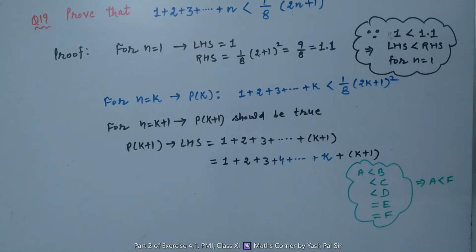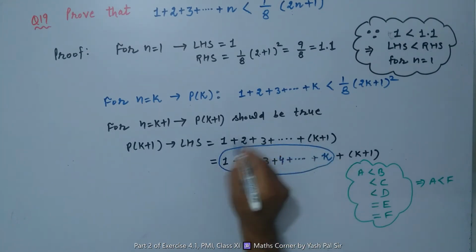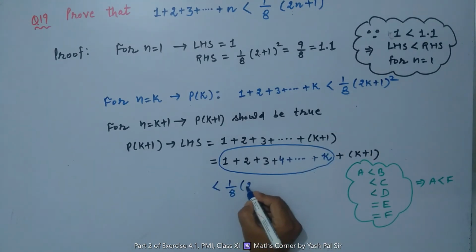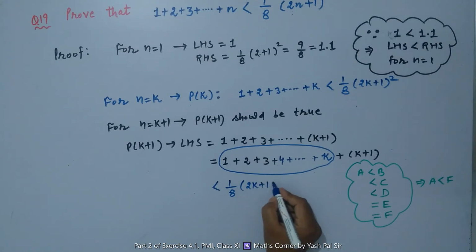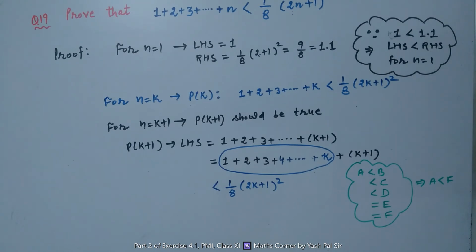What is the result? First of all, we saw here 1 plus 2 plus 3 plus 4 up to k, this whole, as already established here, is less than 1 upon 8 into 2k plus 1 whole square. And what is the remaining part? This is plus k plus 1.